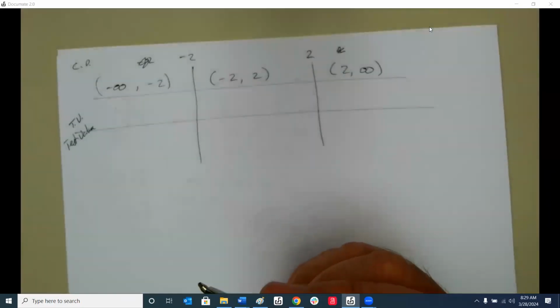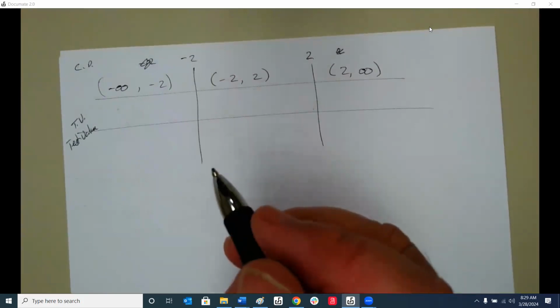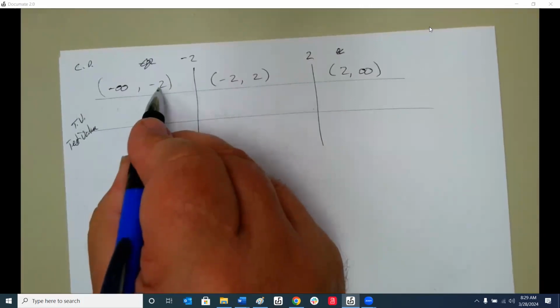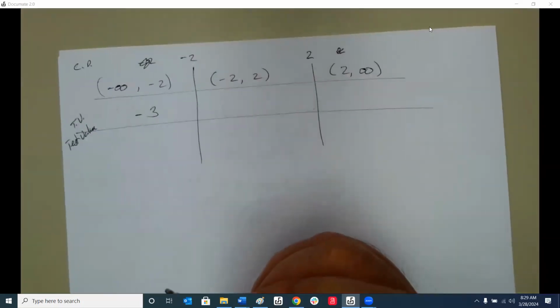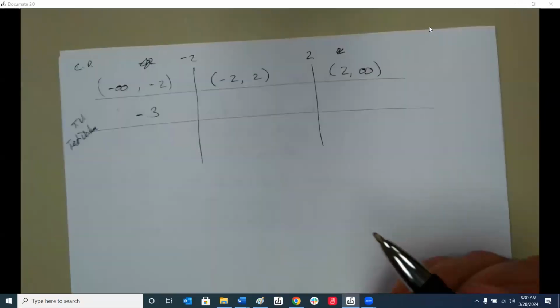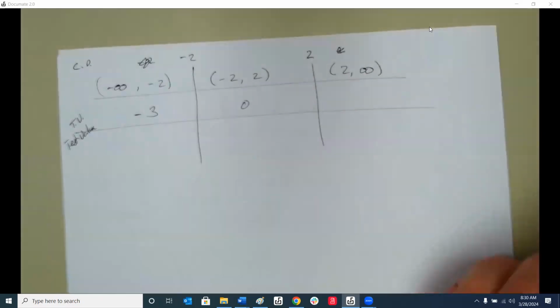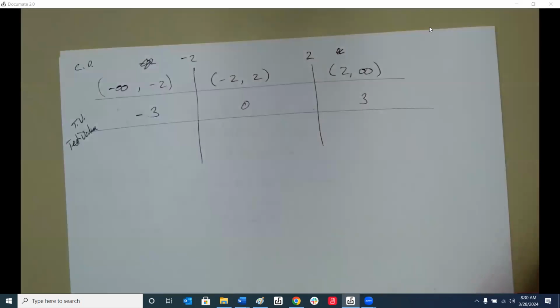What do you get? I always pick a one close to the very end, so -3. How about between -2 and 2? What's the best, easiest one to pick from there? 0. If you ever use 0, use 0. That's the easiest one. And on this one, 3. Those are my test values.